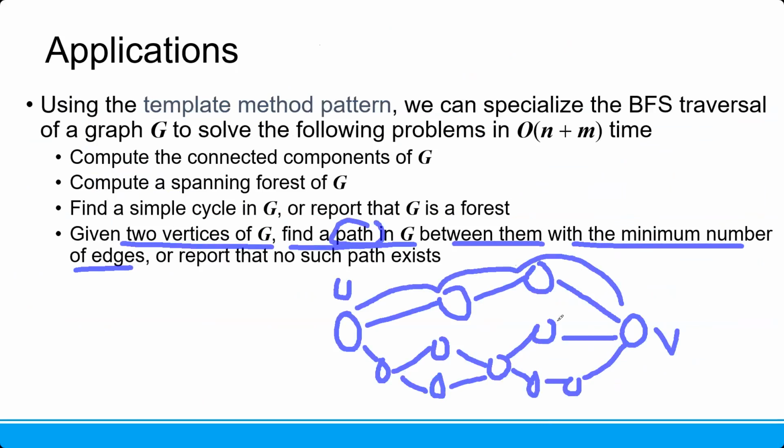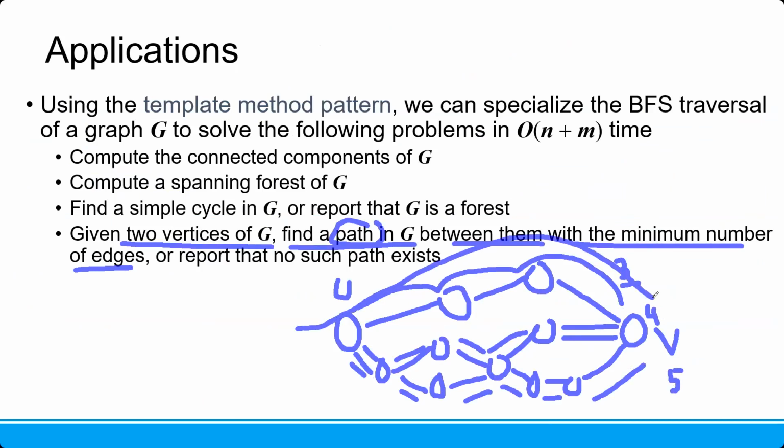If I go from here, 1, 2, 3, 4, 5. We need 5 edges. If I go from here, 1, 2, 3, 4, 5, 6. Then here you need 5. Here you need 4. And from this path you need 3. So this is the minimum number. Go from U to B through this path. That's also an application of BFS.